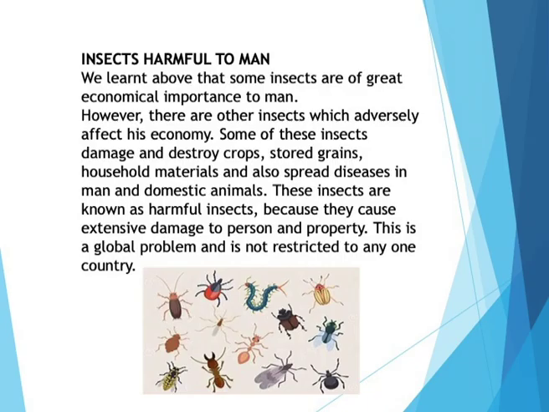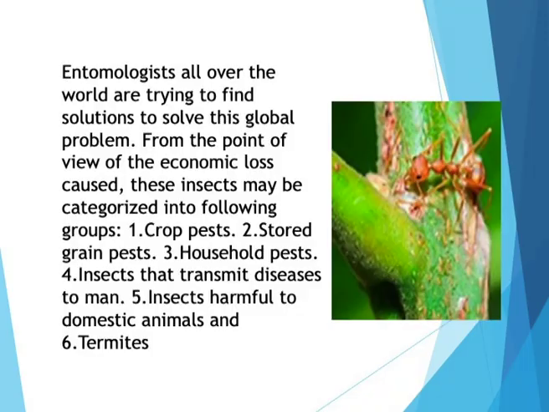Some of these insects damage and destroy crops, stored grains, household materials, and also spread diseases in man and domestic animals. These insects are known as harmful insects because they cause extensive damage to person and property. This is a global problem and is not restricted to any one country.